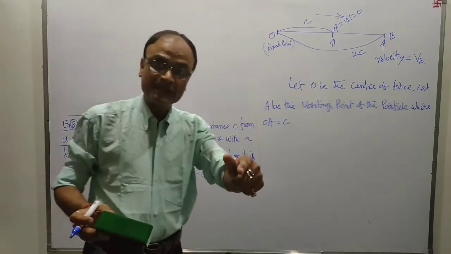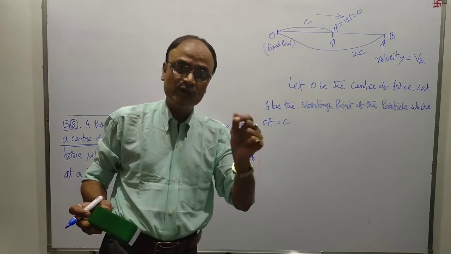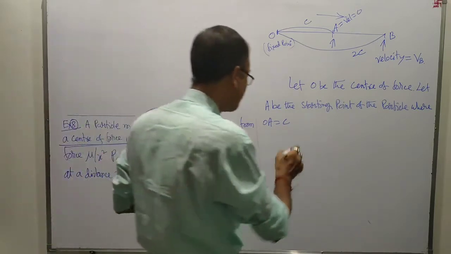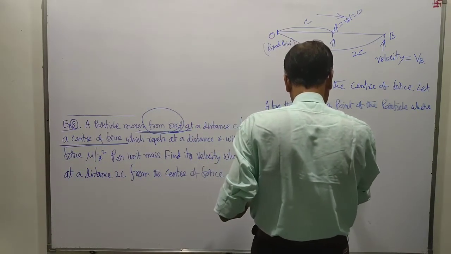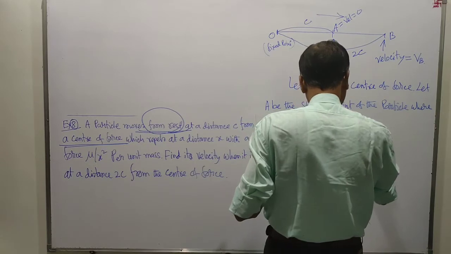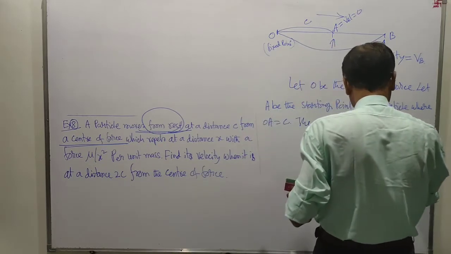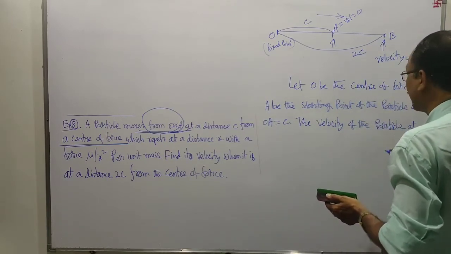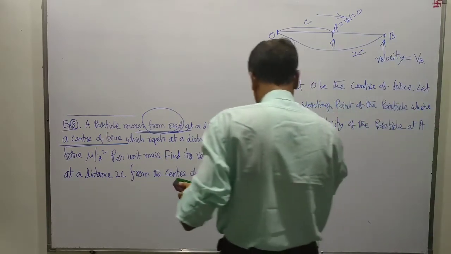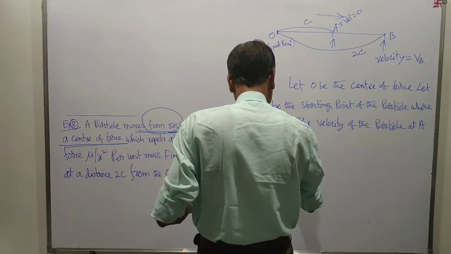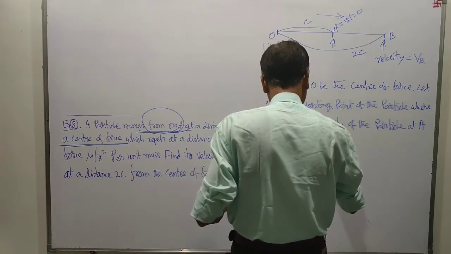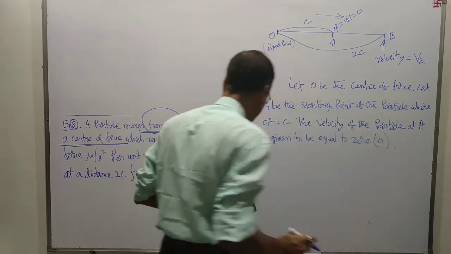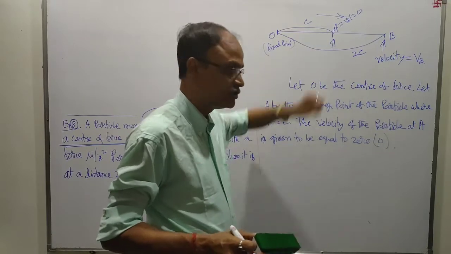The velocity of the particle at A is given to be equal to 0 because from rest. Velocity of the particle at A is equal to 0.